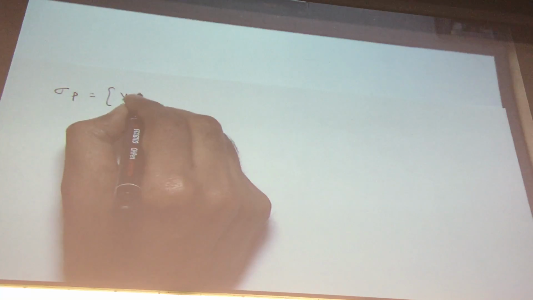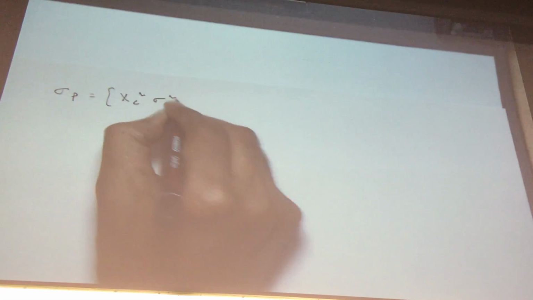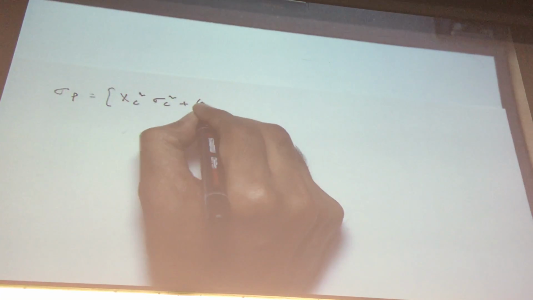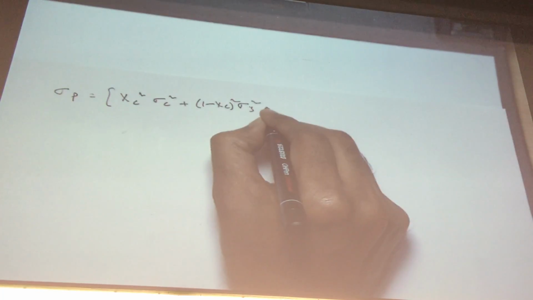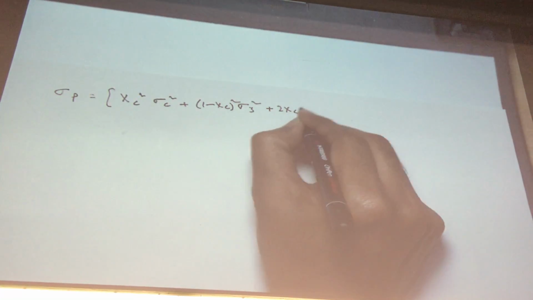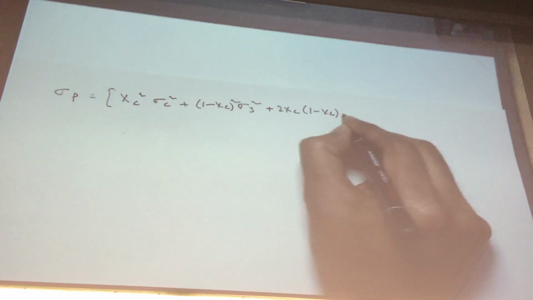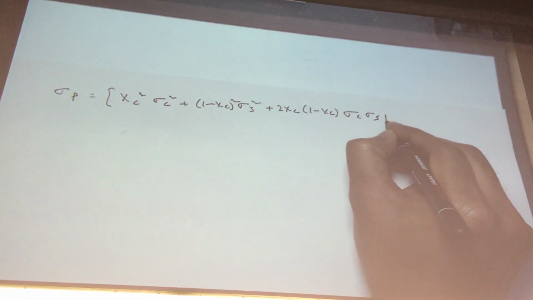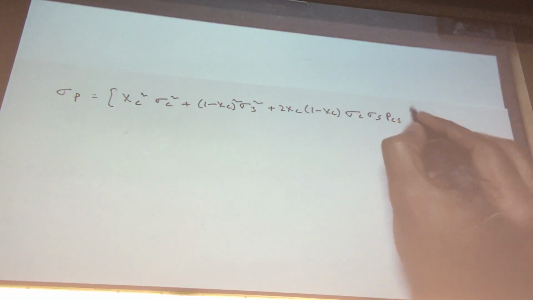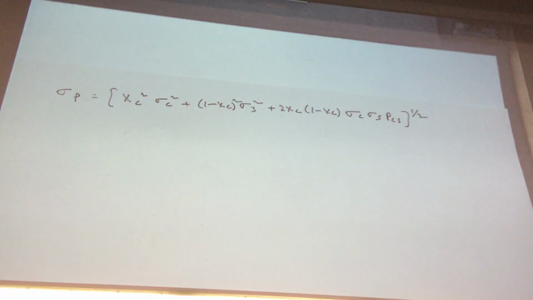So I need to find the square root of sigma c square xc square plus 1 minus xc whole square sigma s square plus 2 xc 1 minus xc sigma c sigma s rho cs. Just expand it.